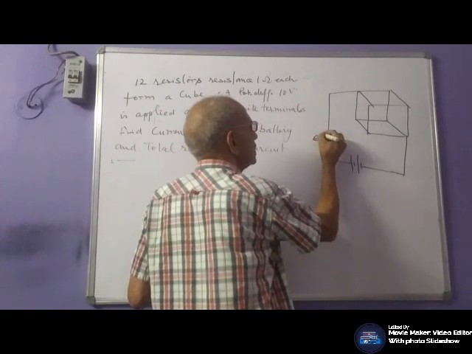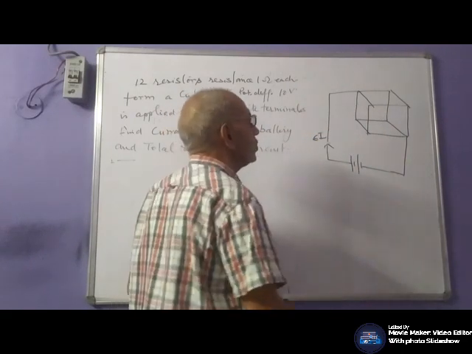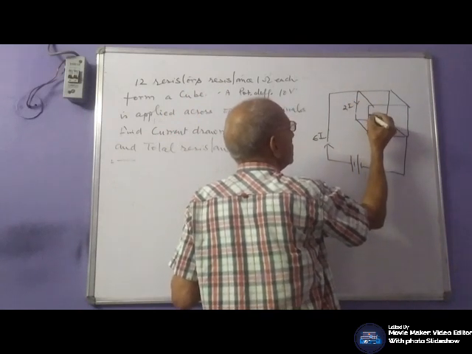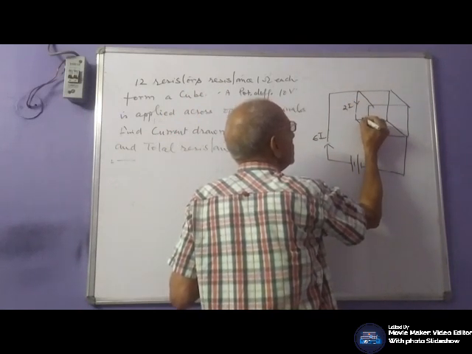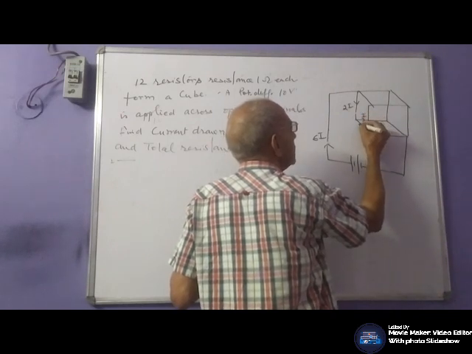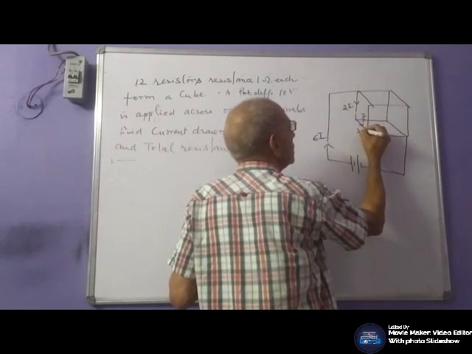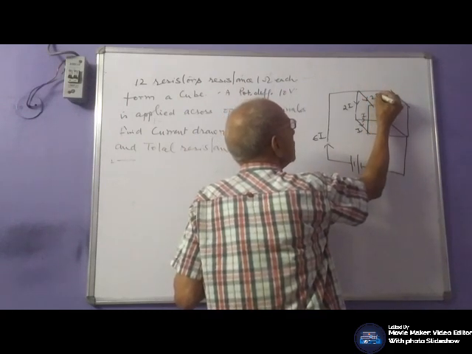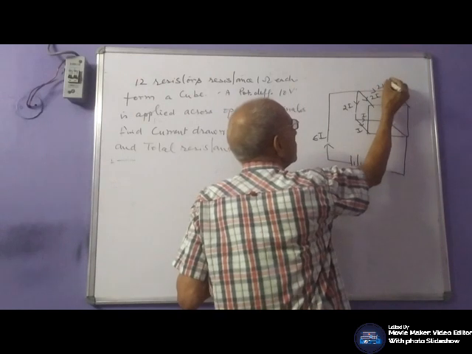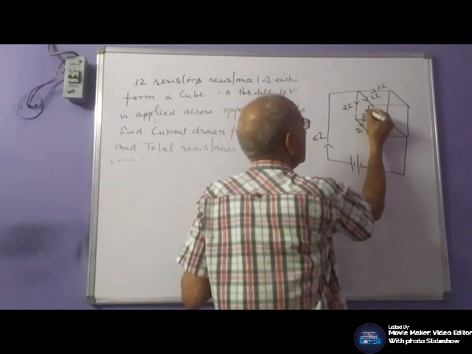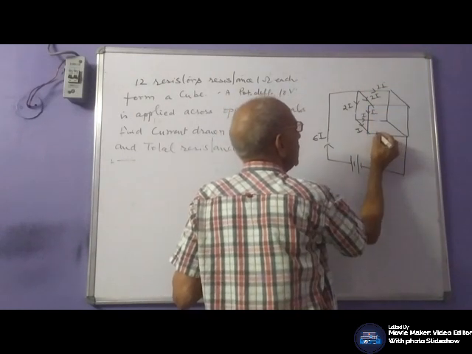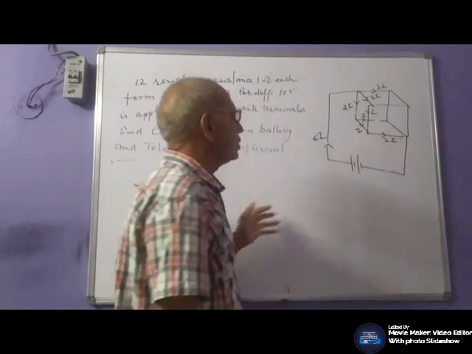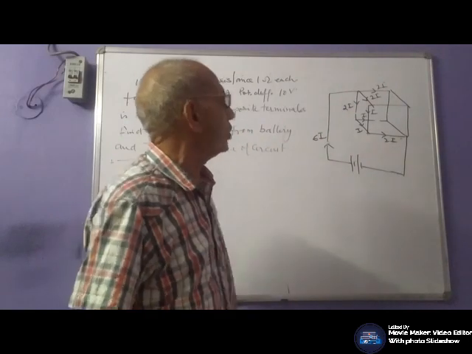Say current is 6I, then current here will be 2I, it is I, current will be 2I, it is I, here I, 2I. Similarly, other current meaningless for us.